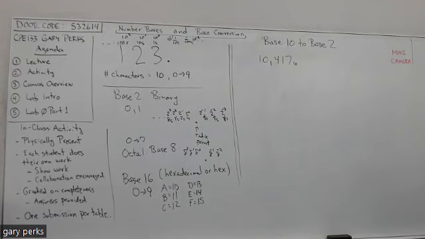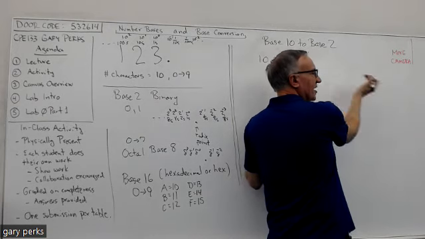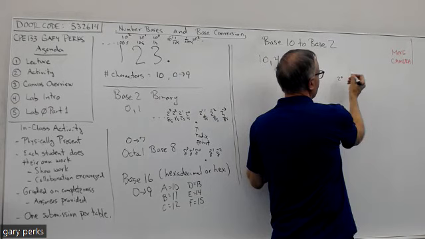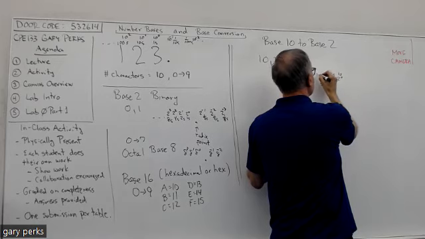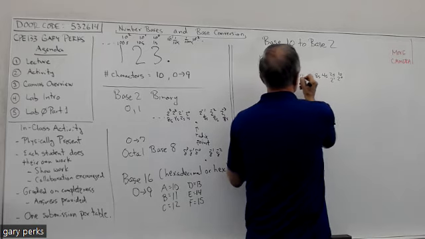So you see, the way I would convert this to base 2 is I would just start writing out my bit columns. 2 to the 0, how many 1s? 2 to the 1, how many 2s? 2 to the 2, how many 4s? 2 to the 3, how many 8s? How many 16s? How many 32s? How many 64s?